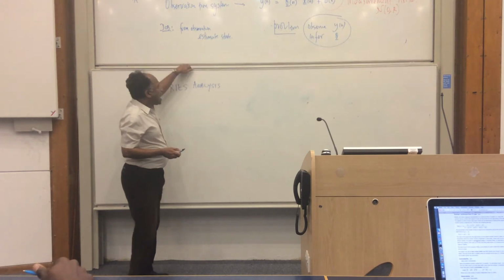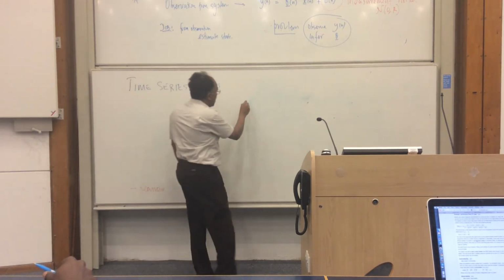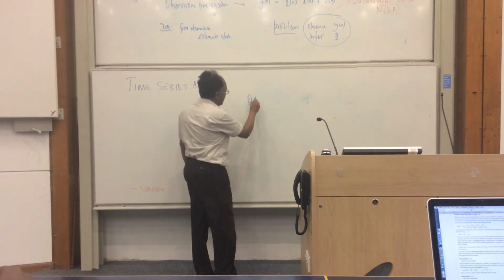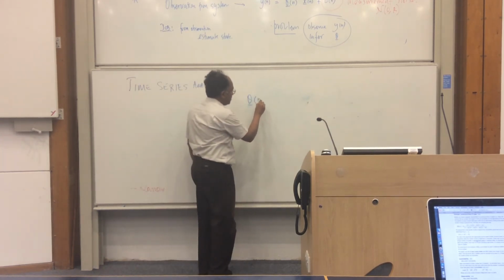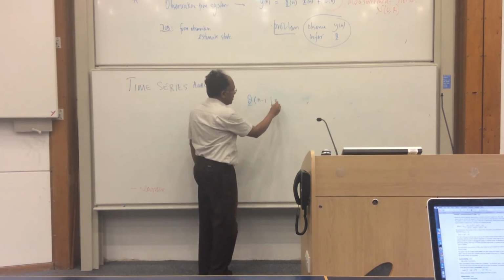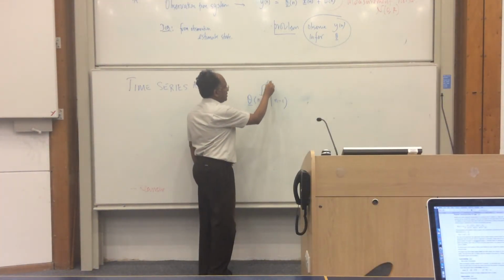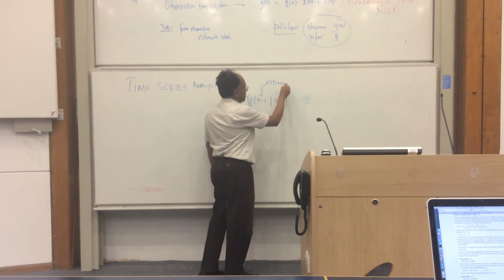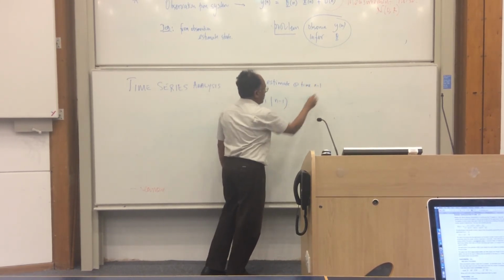And the way that works is to say, I'm going to have an estimate of my unknown state at time n minus 1 using all the data up to time n minus 1. So this is going to be the estimate at time n minus 1.